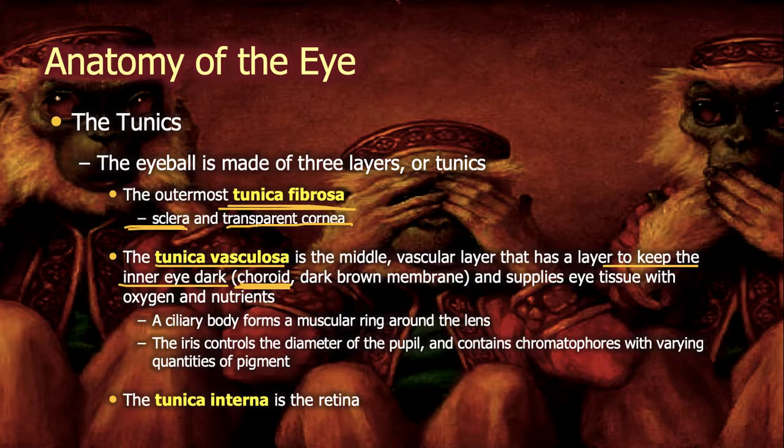However, there are some animals, like the cow, that also have a layer on the inside that's shiny and shimmery. And that shiny, shimmery layer helps light, when it comes in, bounce around.